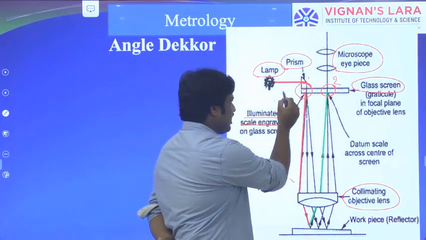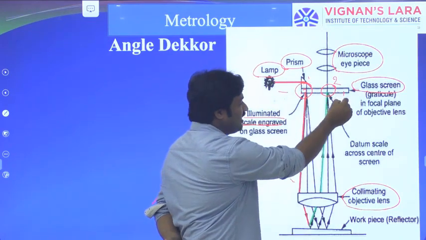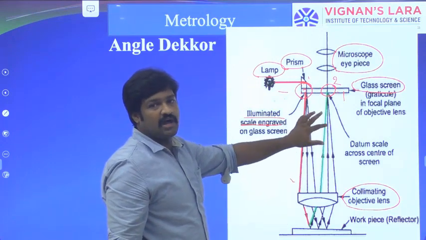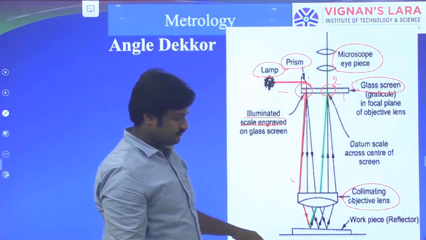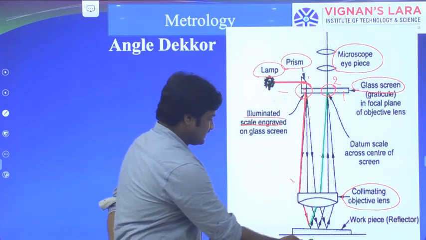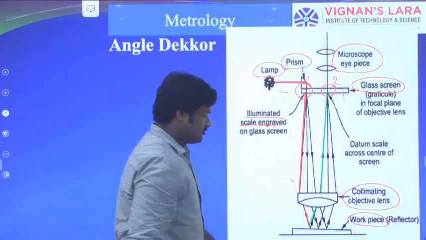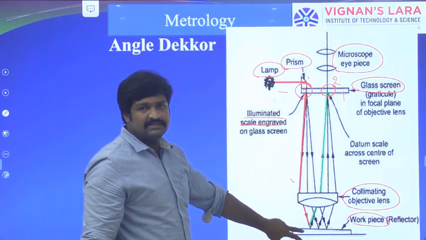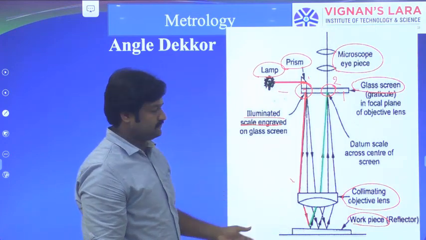One is the horizontal scale and the other is the vertical scale. Two scales are marked on this glass screen, and this is our workpiece. The workpiece means the angle to be identified.